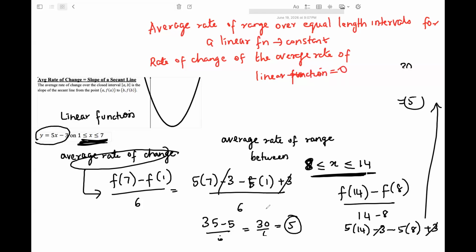Good job. So we were able to prove that for equal length intervals in a linear function, the average rate of change is a constant. Now the rate of change of that average rate of change for the same linear function over equal length intervals is 0. Any questions here?